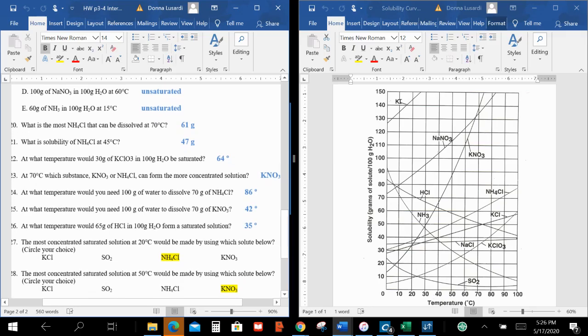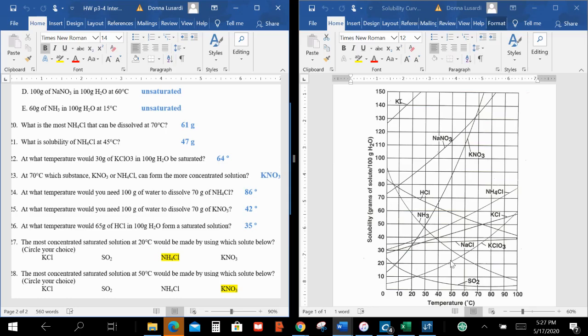Which would form the most concentrated solution at 20? Find 20 degrees. Well, SO2 is way down here. KCl is here. They're all kind of close, but at 20 degrees, the line for NH4Cl is above KNO3, it's above KCl, it's above SO2.